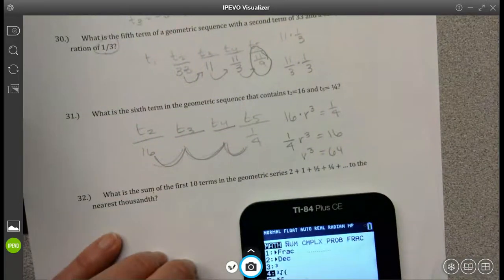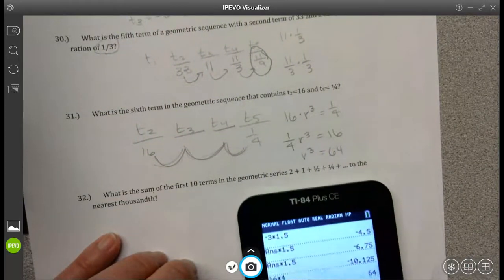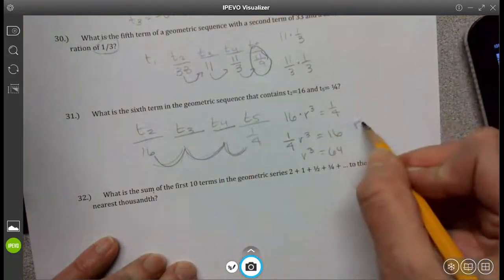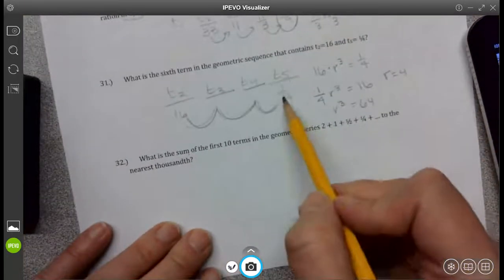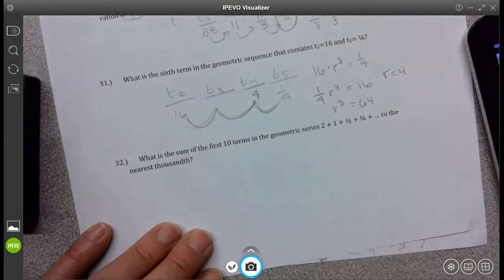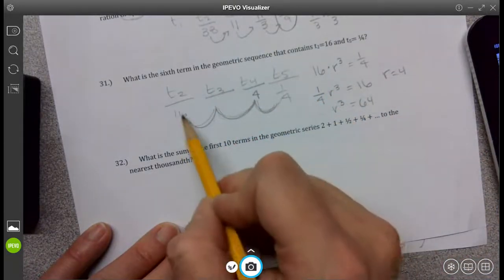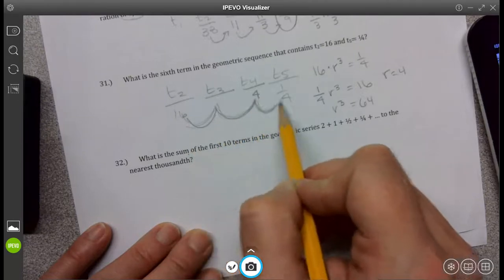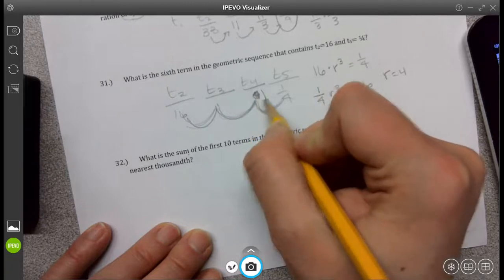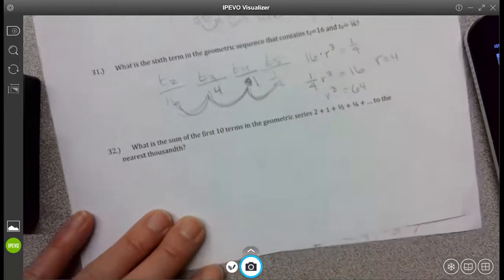You go to math, you can do cube root of 64, and you get 4. So I'd have to multiply by 4, because 4 times 1/4 is 1. Multiply by 4, multiply by 4, okay?